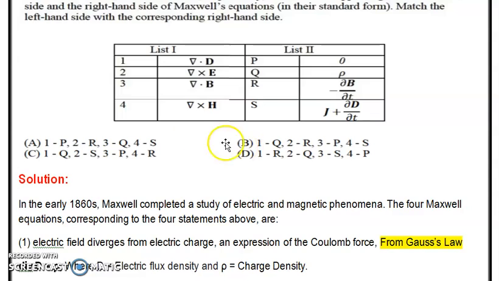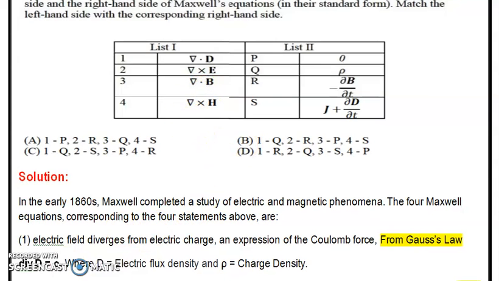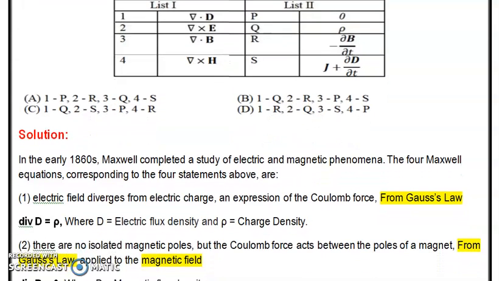Then we will see the second one, divergence B. There are no isolated magnetic poles, but the Coulomb force acts between the poles of a magnet. This is Gauss law applied to the magnetic field.